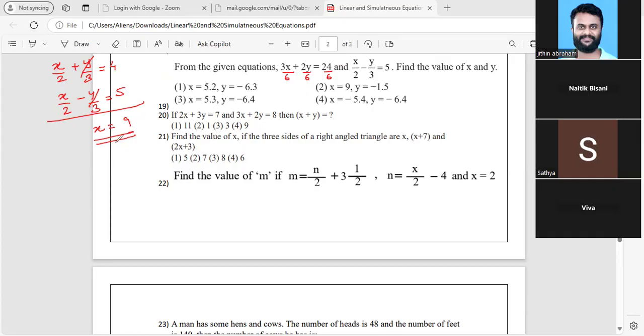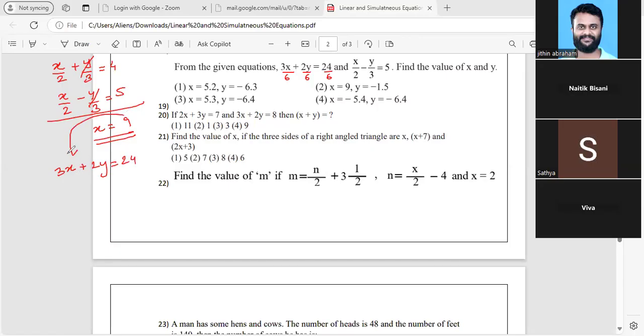You simply substitute this x anywhere you want. Here when I substitute, it's 9, right? So let me substitute it over here. I have 3x plus 2y is equal to 24. I substitute 9 over here.